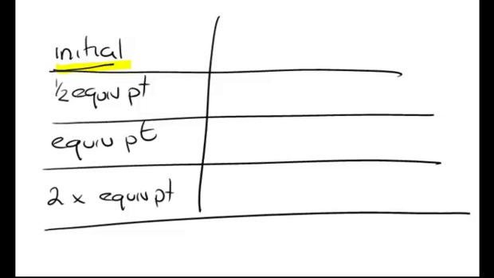We'd have the hydrochloric acid, and we know that's going to dissociate in water, and that's going to produce H3O plus ions and Cl minus ions, and the H3O plus is worth a 5, and the chloride ions are worth a 1. Right, now half equivalence point.